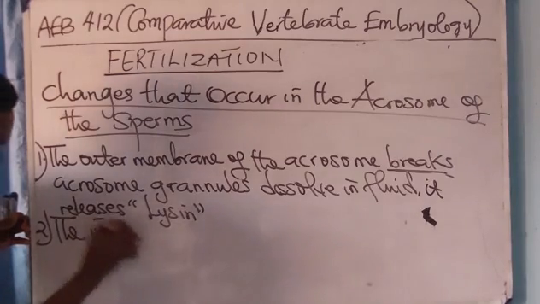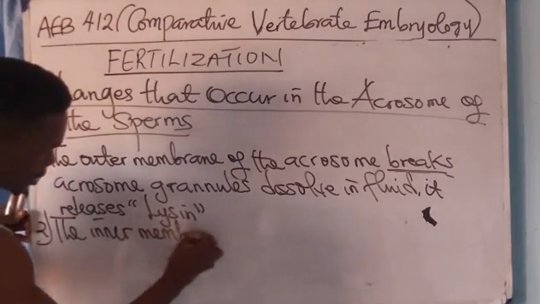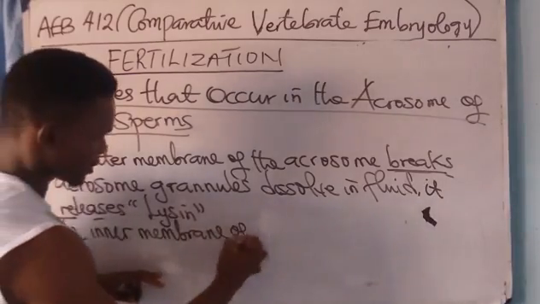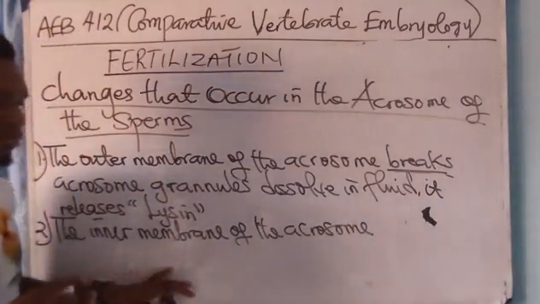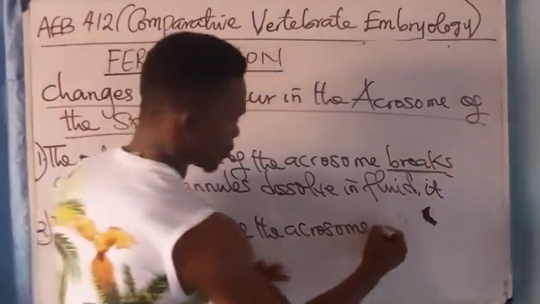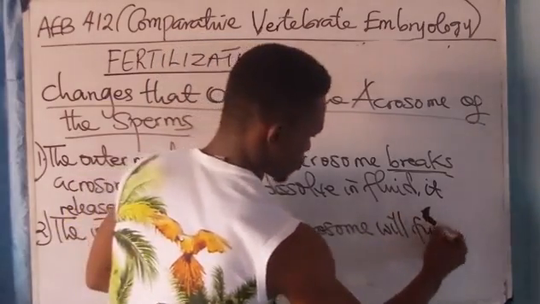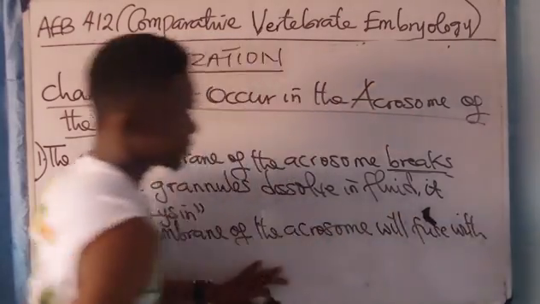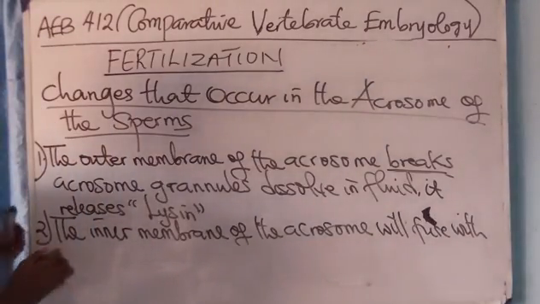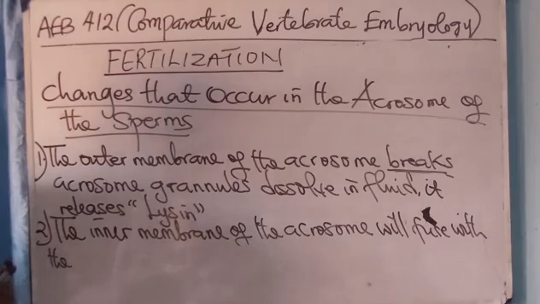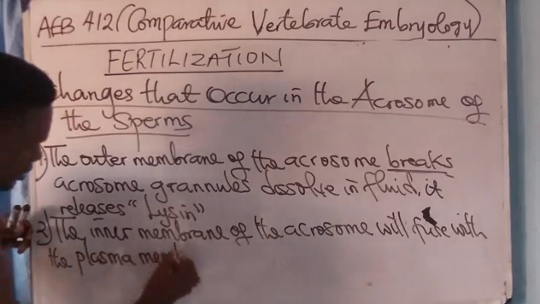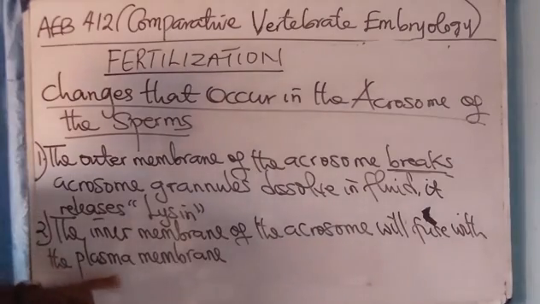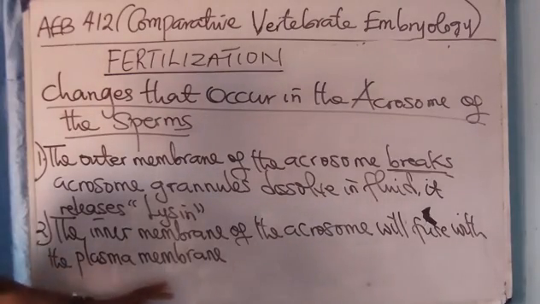Number two, the inner membrane of the acrosome will fuse with the plasma membrane. I can also call it the cell membrane, or the plasmalemma.